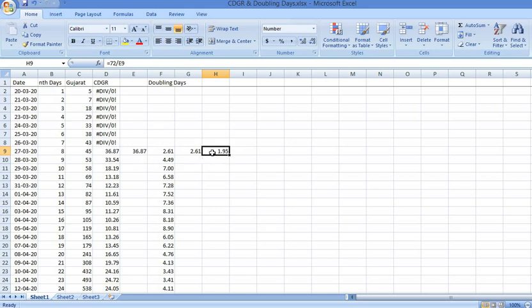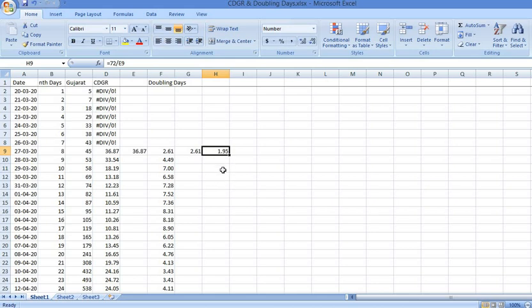So very nearly we can say that both are the same, but this much difference is accepted when we are in a hurry with calculation. This is the more scientific method, 2.61, and this is the crude method. So it's up to you, because it has been seen that most of the national health portals are using these methods, while the newspapers and all the media are using the 72 rule. It's up to you which one you would like to prefer.